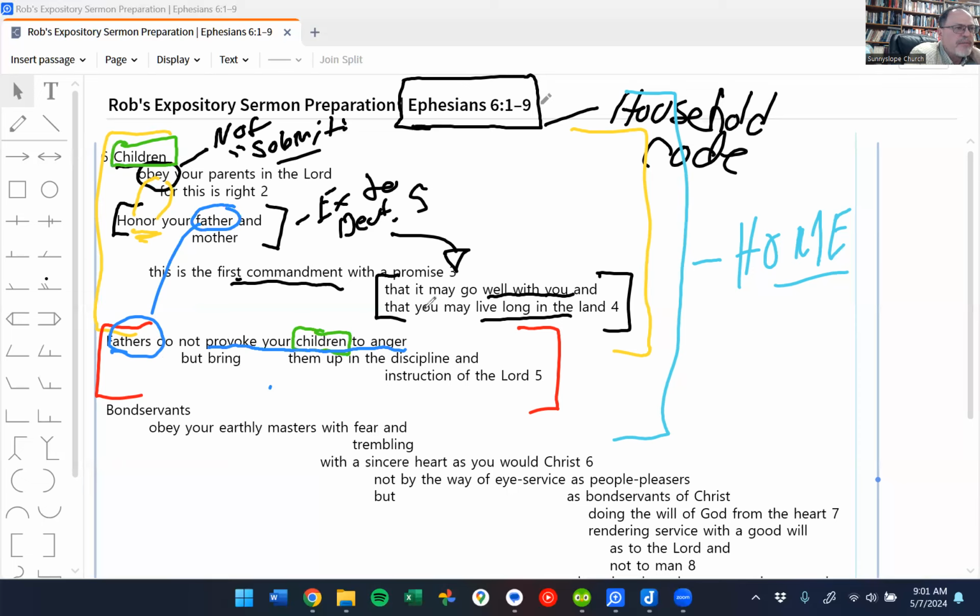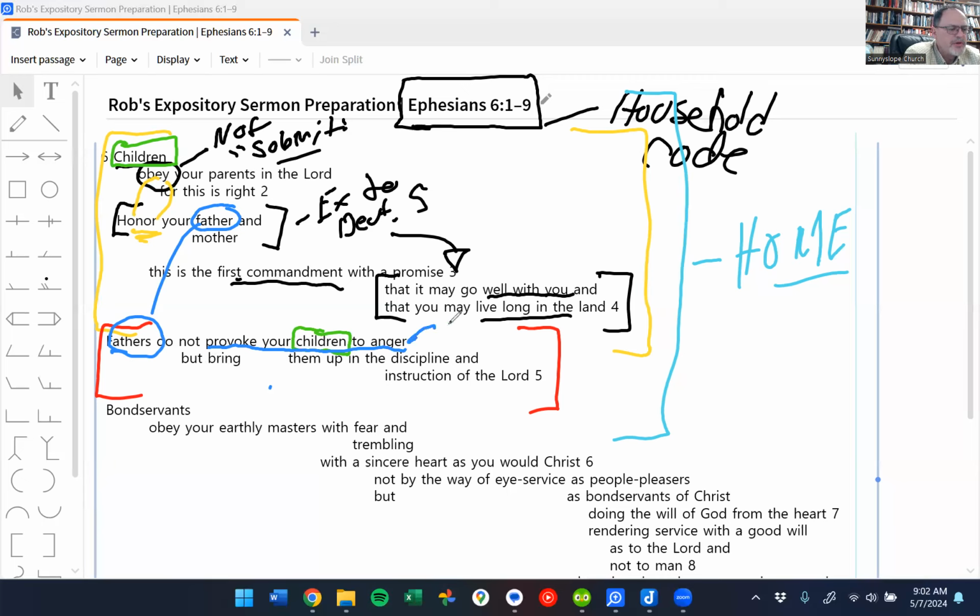For some fathers, those are going to be hard and convicting words, because if you're like me, you have those moments where you get frustrated with your kids and they're not always listening or doing what you want them to do, and you tend to react strongly. And so Paul's words here are a pretty sobering message, that we are to not do things to provoke them to anger.